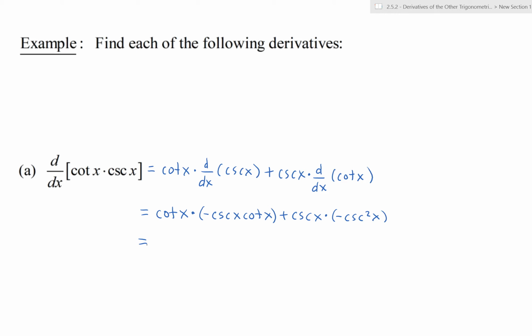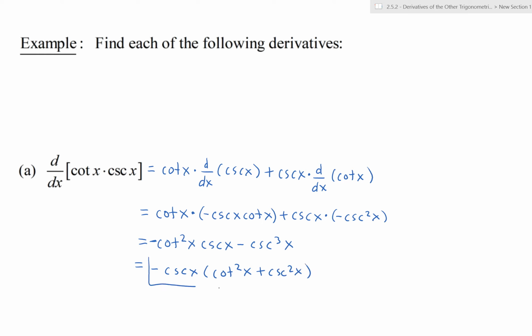So in the end, what do we get? We get cotan squared x times a cosecant x with a negative sign in front, and then minus cosecant cubed of x. So if we wanted, we could factor out a negative cosecant of x from both of the terms, and we'd be left with cotan squared x plus cosecant squared x.